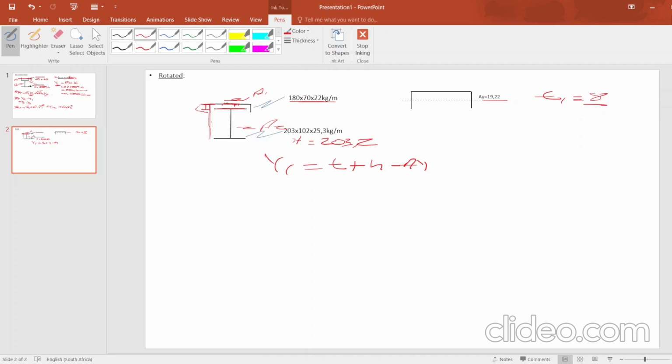Hence, we need to minus it. The whole AY is from that thickness to the base of the eye profile. So we are minusing the AY so as to get the precise center of the thickness. That is why we are minusing that 19,22. So you are having 8 plus 203,2 minus 19,22.